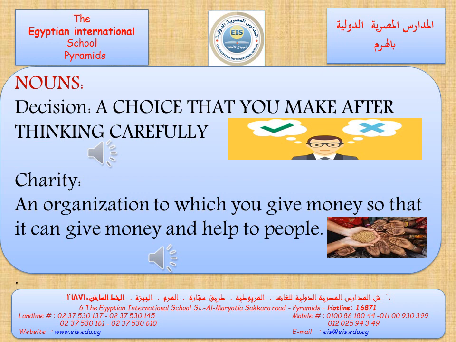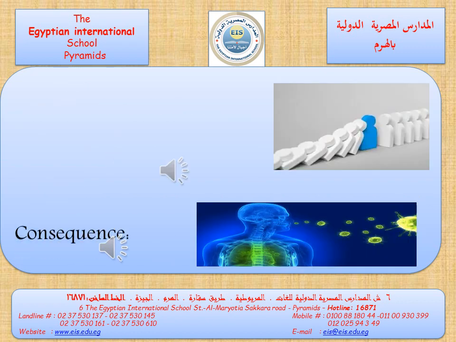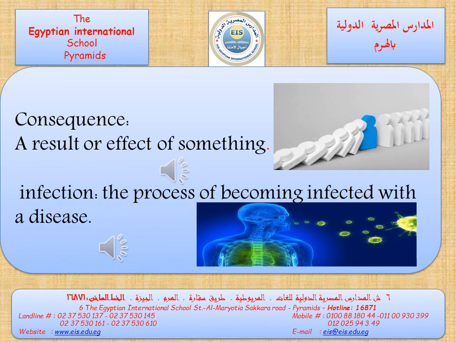It is a place to help the needy or the poor. For example, he built a great charity to help the needy. Consequence, a result or effect of something. For example, our decision has a bad consequence.